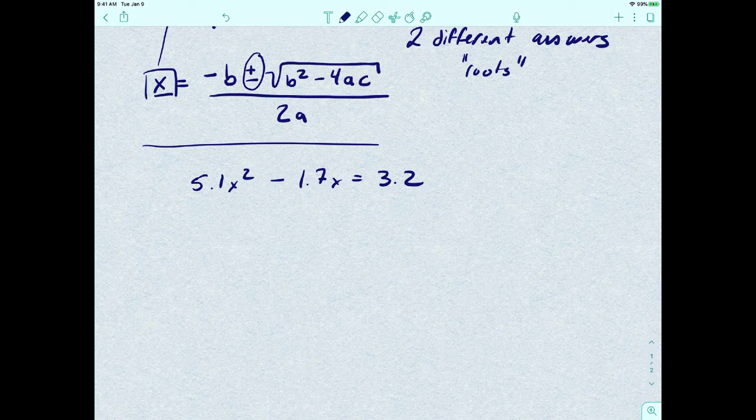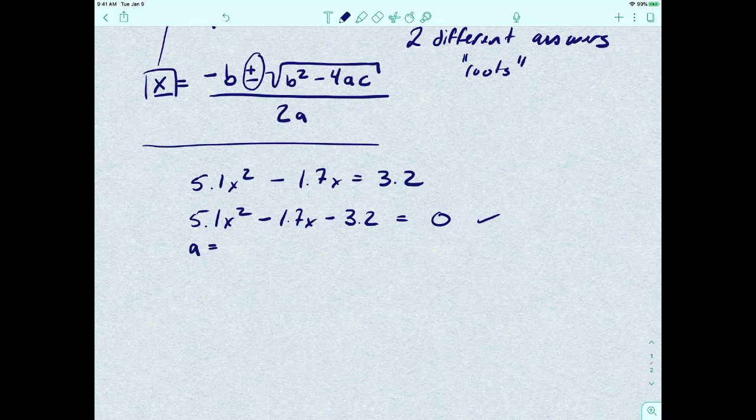So the first thing I need to do is subtract 3.2 from both sides, so that way I move the 3.2 over to the left. So rewriting that, I would get 5.1x squared minus 1.7x minus 3.2 equals 0. So I have nothing left on the right-hand side. So now I'm in the form ax squared plus bx plus c is equal to 0.